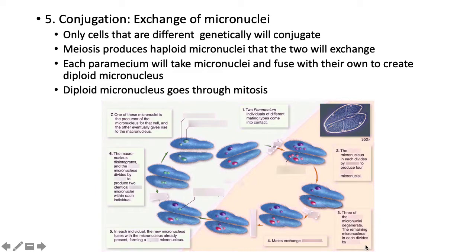I must not have copied over correctly. But in step one, two different mating types come into contact, and each divides to produce four new nuclei, and then they make the exchange. So here we have purple and pink, and you can see they have swapped some. There's some pink over here and some purple over here.